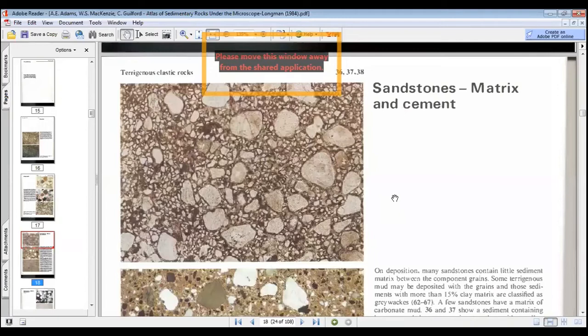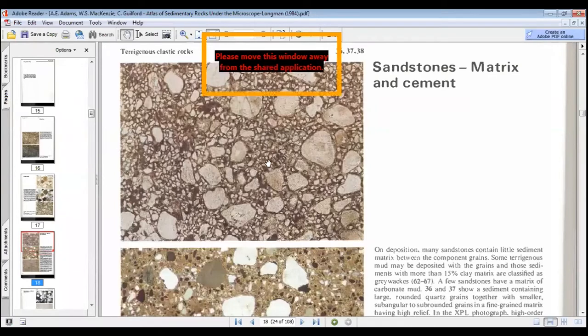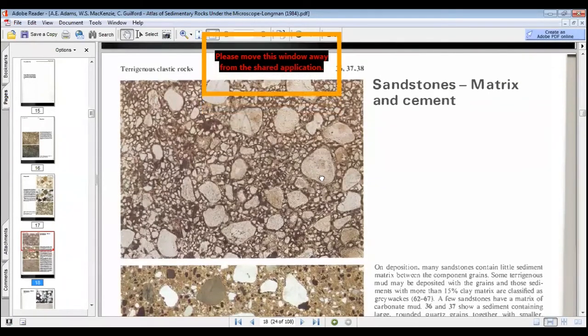Okay, let's talk a little bit about the sandstone matrix and cements. Here you can see a beautiful sandstone with a range of different sizes, and that is number 36.